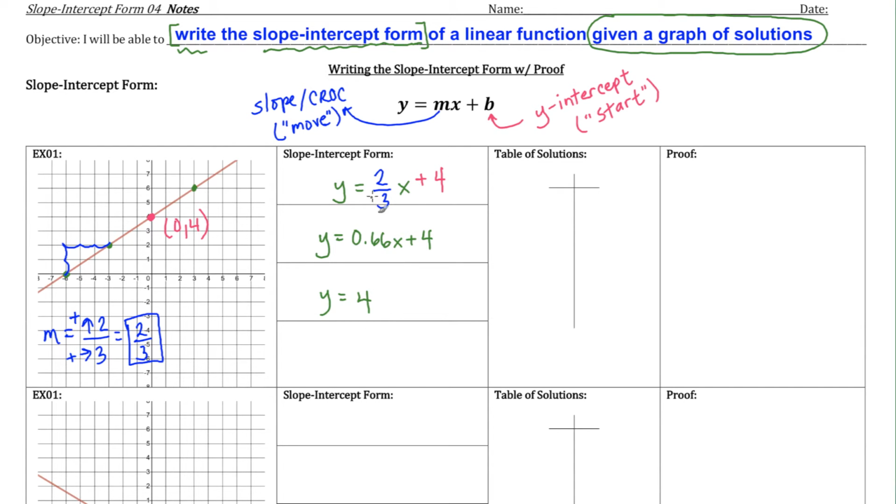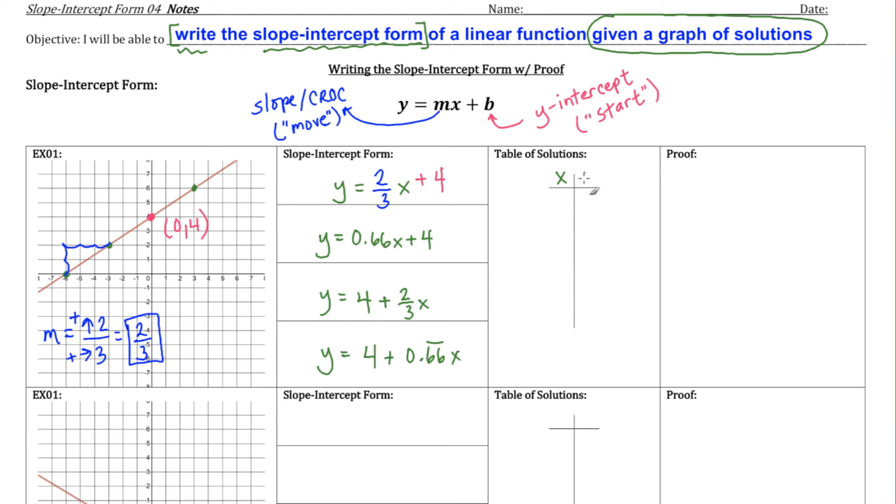So 4, and then plus, because it's positive, 2 over 3x. And we can write it in decimal form also. y equals 4 plus 0.66 repeating x.